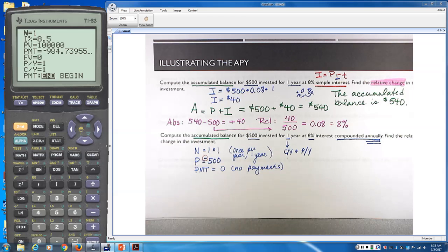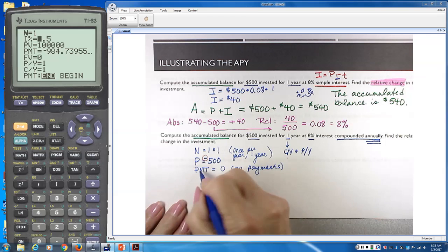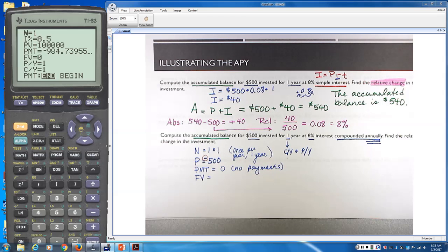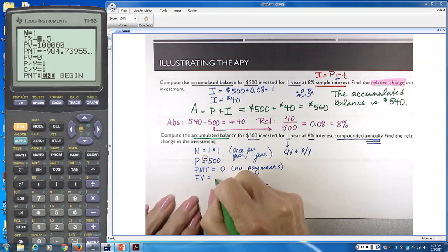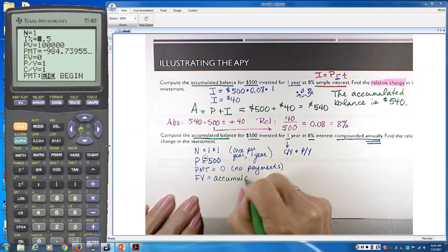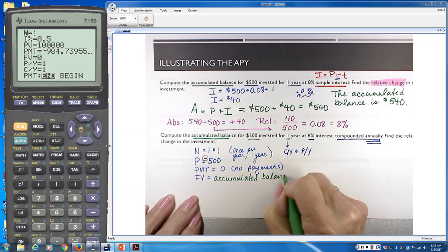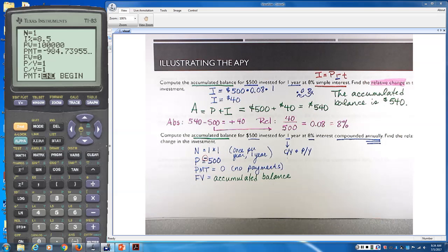If you're getting it, it's positive, but if you're paying it out, it's negative. And then the future value is going to be the accumulated. It's going to be our accumulated balance.